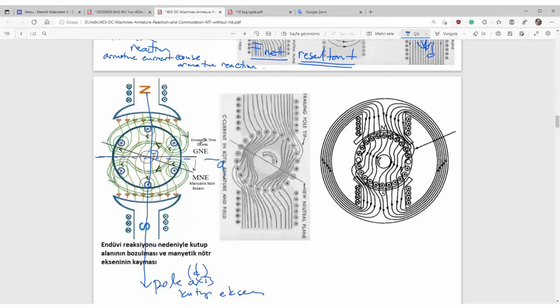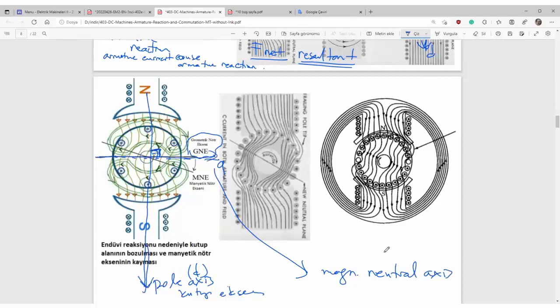That is the geometrical quadrature axis or geometrical neutral axis. Sometimes we call it the magnetically neutral axis. That is the magnetic axis, and this is the magnetically neutral axis. It is quadrature to the magnetic axis.